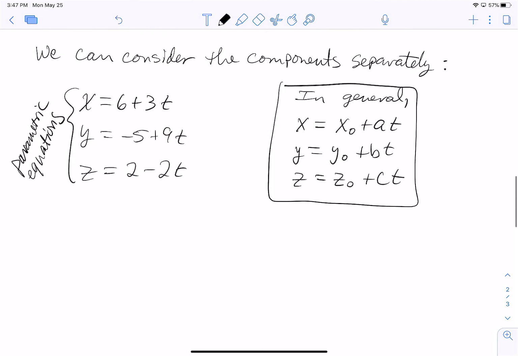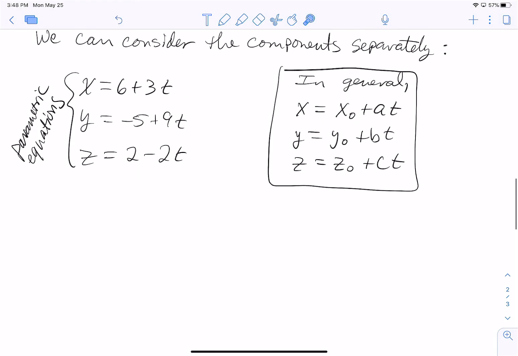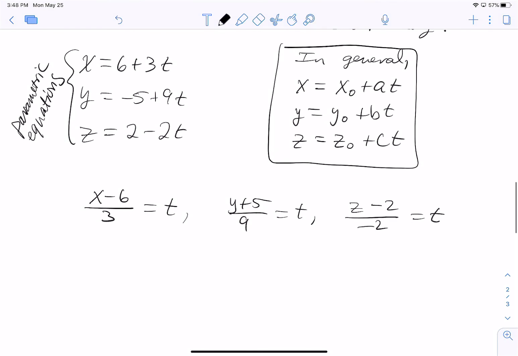We can take these equations, and I'll go with the ones on the left, and solve them independently for t. If we do so, we'll end up with (x - 6)/3 = t, (y + 5)/9 = t, (z - 2)/(-2) = t. And if these are all equal to t, then they must all be equal to each other.